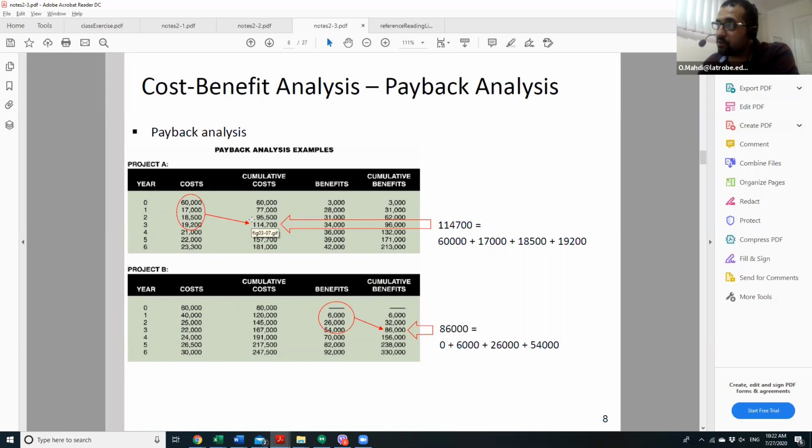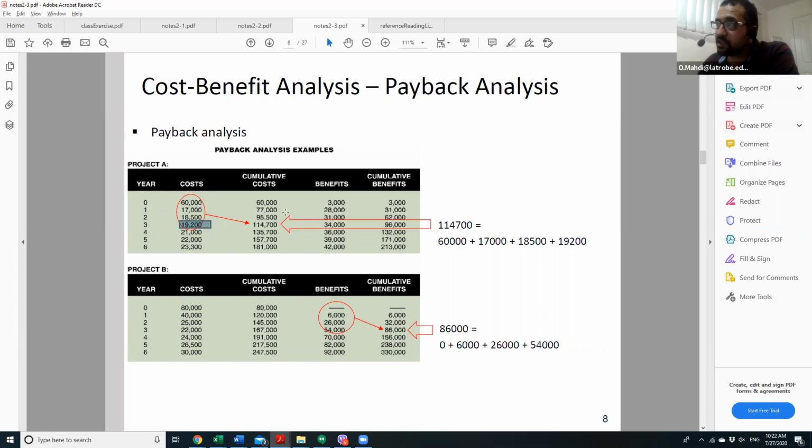The cumulative cost for year four is 114,700, right? Where did it come from? It came from the initial cost for year four, accumulated with the initial cost of the previous years, which are 19,200 plus 18,500 plus 17,000 plus 60,000.